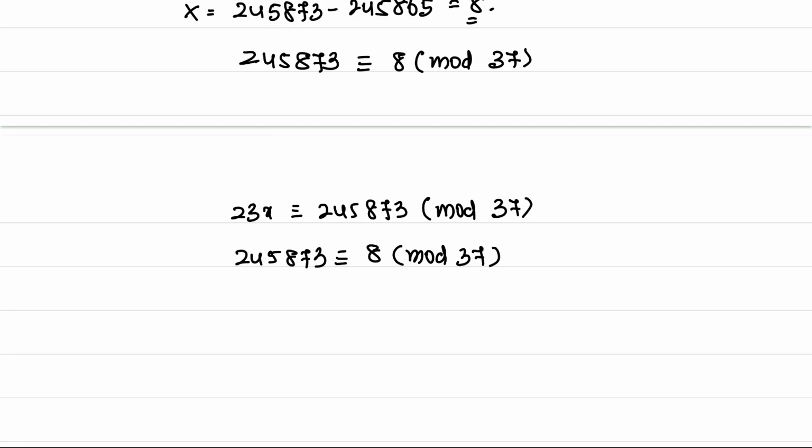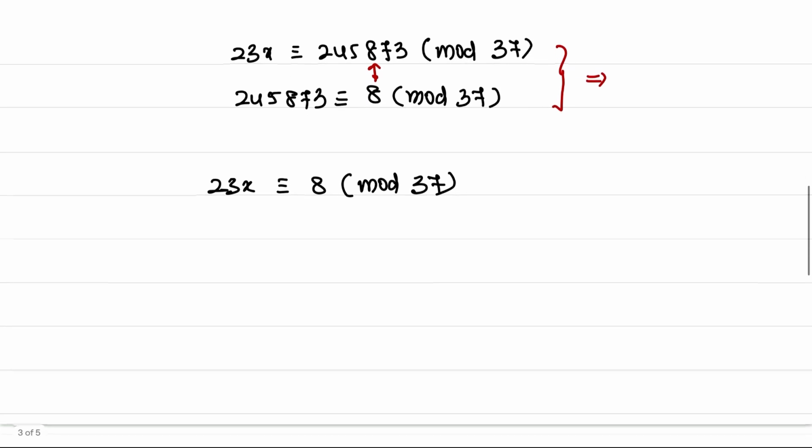When you combine these two, can we replace 245873 with 8? Definitely. That results in 23x congruent to 8 mod 37. We have reduced this equation.